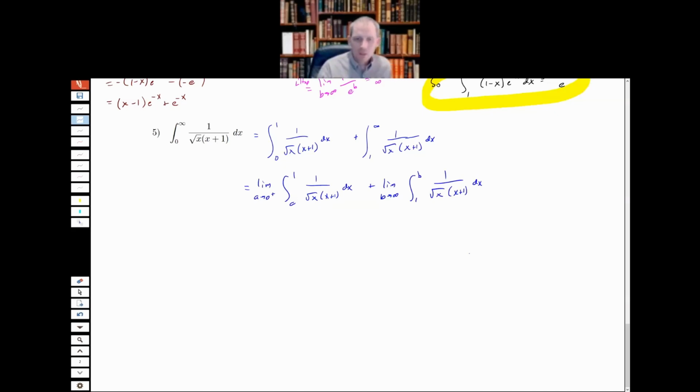Okay, this can be a kind of tricky integral to work out. I've got a product, but it's in the denominator, so I can't really write this out as a nice integration by parts.